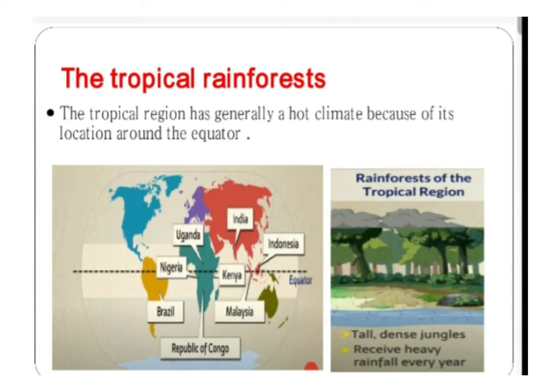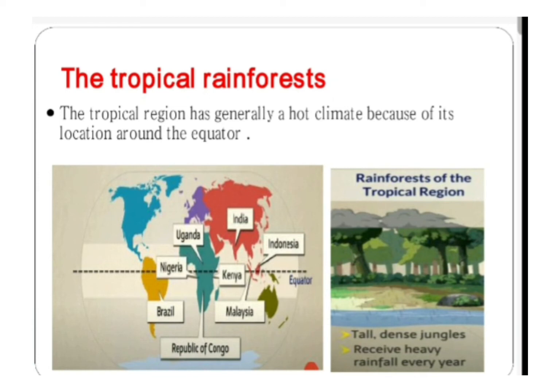Next point is tropical rainforest. Tropical regions generally have a hot climate because of their location around the equator.